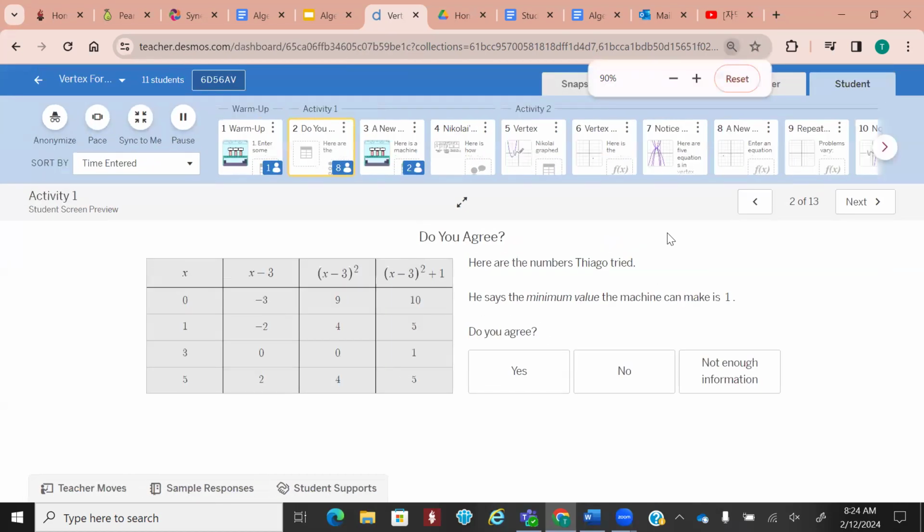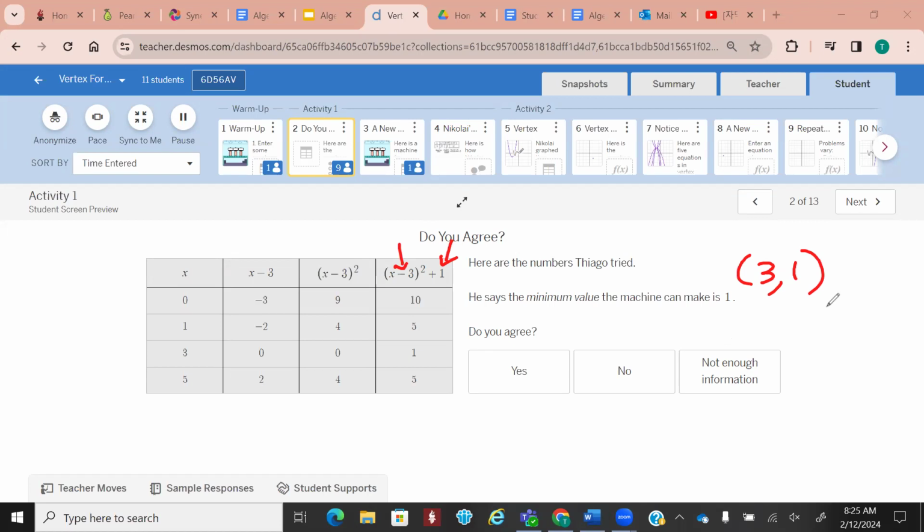Come on, we just went through this. What's the vertex of that guy? Change the sign of this. That'd be 3. And keep this guy. That'd be 1.